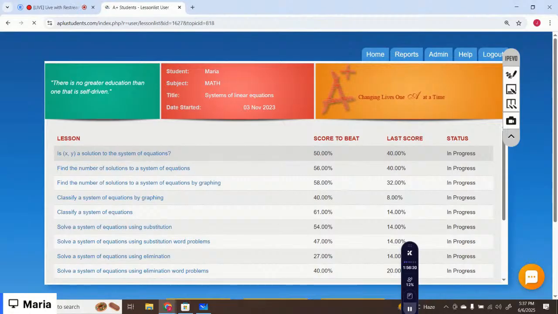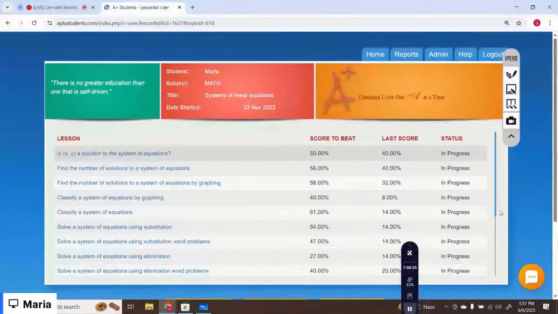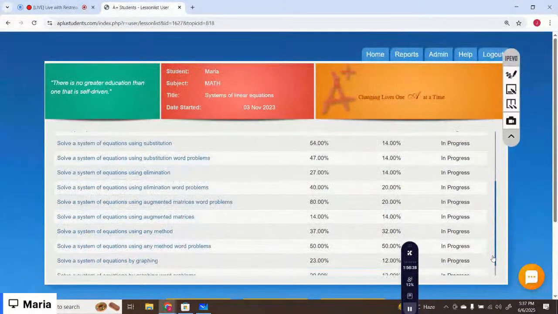The lessons we have covered today are solving a system of equations using augmented matrices and solving a system of equations using any method. So please make sure that before the next session you complete all the practice questions for the lesson we just did. That is your homework until the next session.